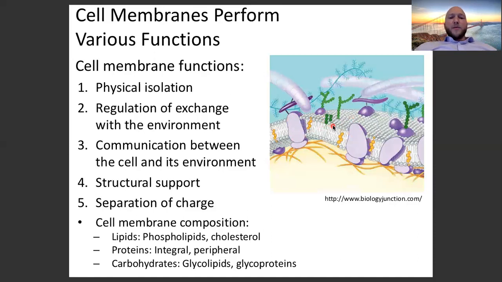And then we have carbohydrates. Let's break these words down. Glyco refers to carbohydrates. Lipid refers to, you guessed it, lipid. So this is a molecule where you have a sugar attached to a lipid. Let's find an example. Right here, you see this phospholipid?